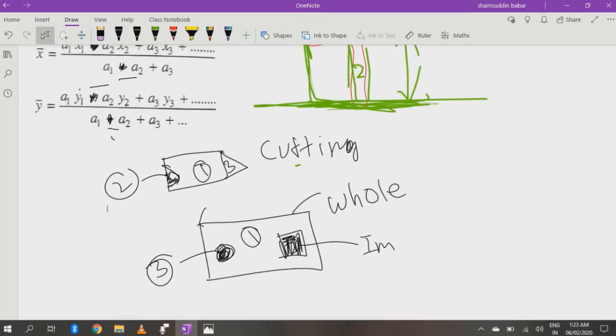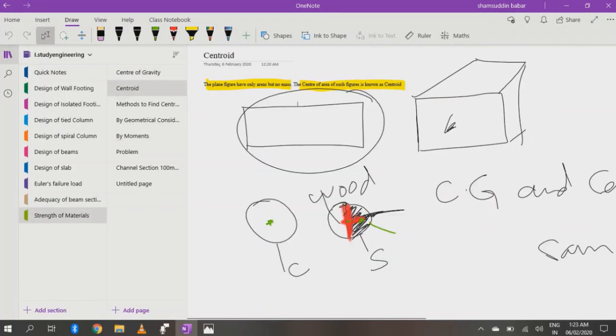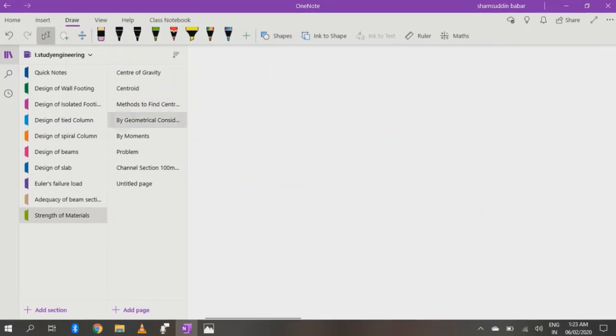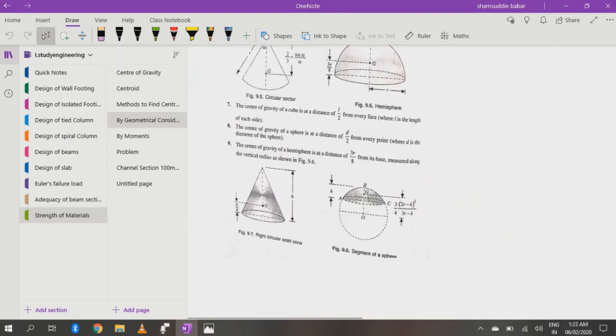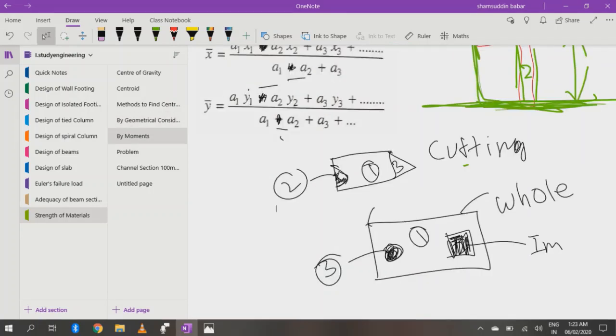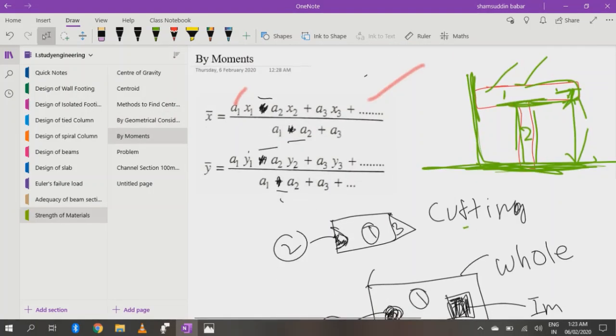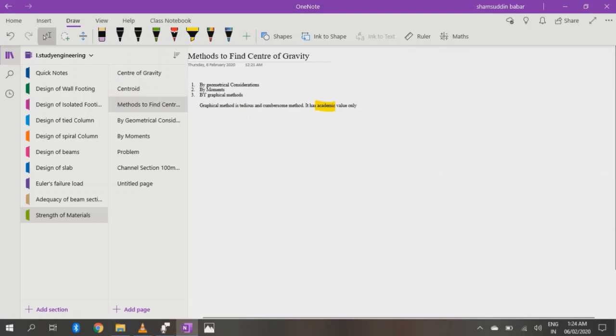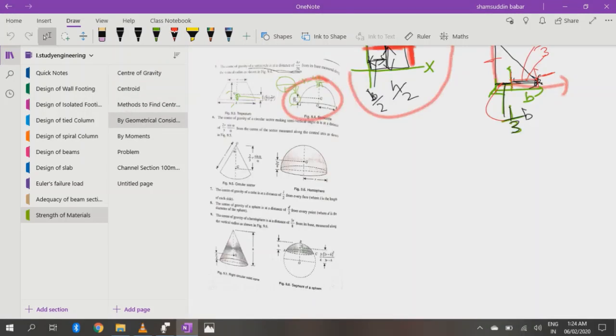In the complete lecture on center of gravity, I have told you what center of gravity is, what centroid is, the difference between center of gravity and centroid, and the methods to find the center of gravity using the geometrical method. I have told you how to find the center of gravity by moments, what composite sections are, how to find the center of gravity of a composite section and of a cutting section, and how to draw figures.